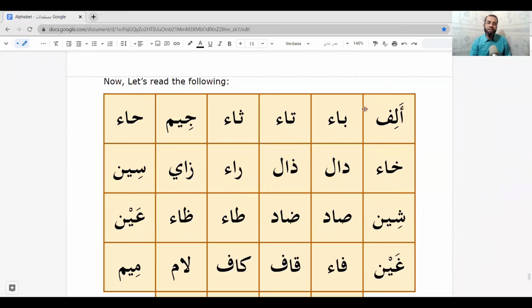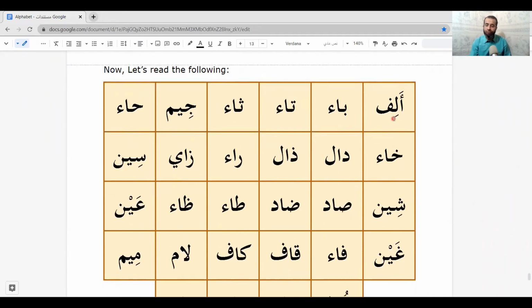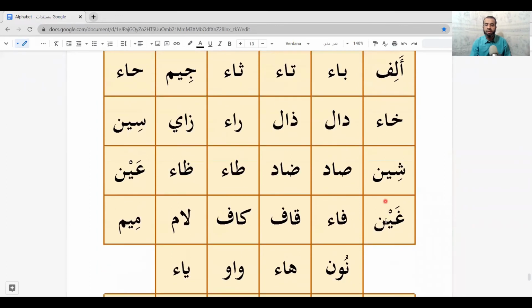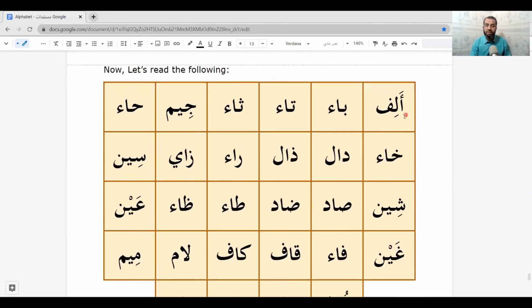Now let's read the following. Look carefully. These are the names of the letters plus something else. Look carefully, please.